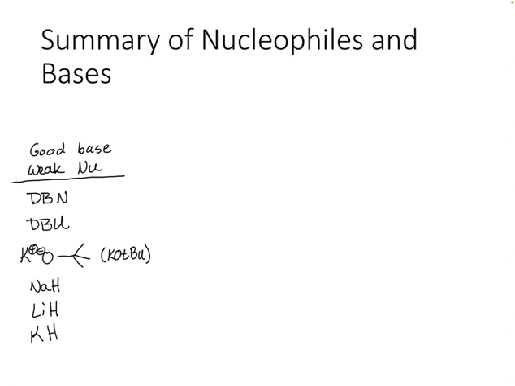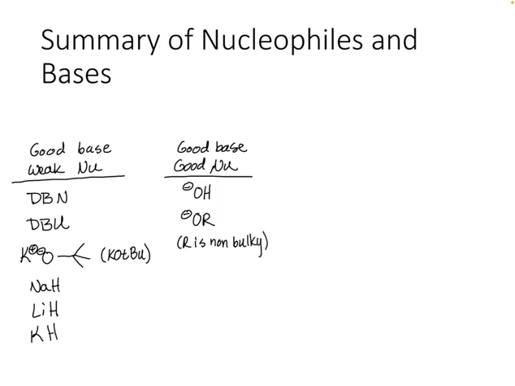All right, and then what about good bases that are also good nucleophiles? Well, we could use something simple like the hydroxide ion. In this case, you might get a mixture of products. You might get elimination and substitution. Or attached to any alkyl group really, where the alkyl group is non-bulky, or really any strong base.